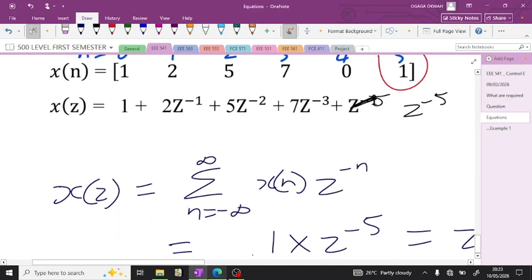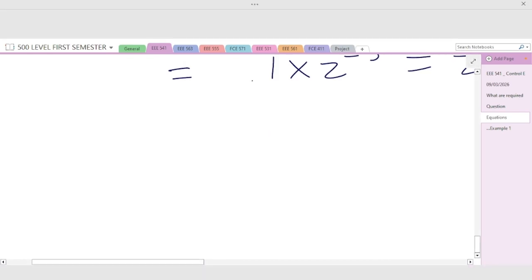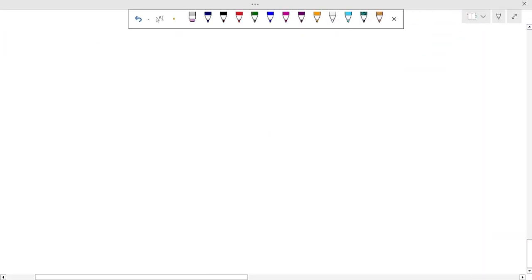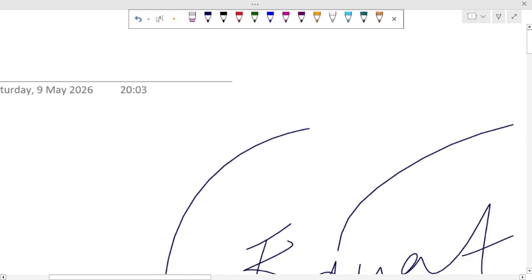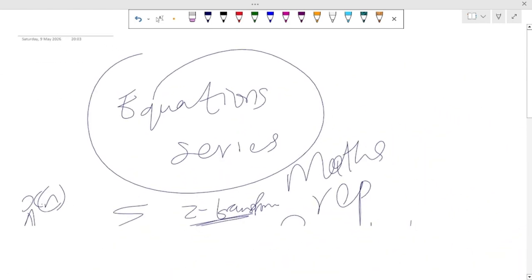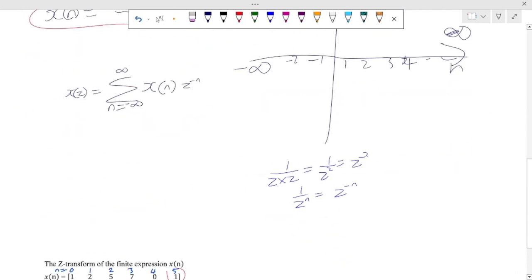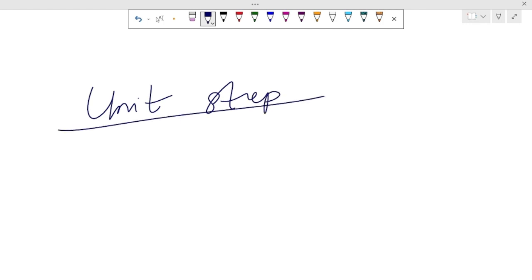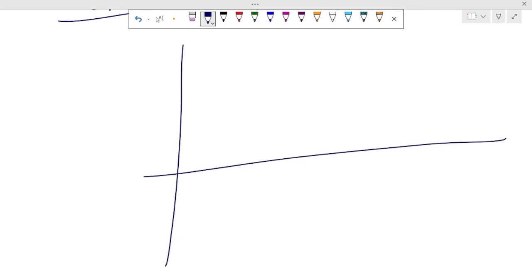Now from the name, unit step, unit and step, guys, bear this in mind, look at this thing.